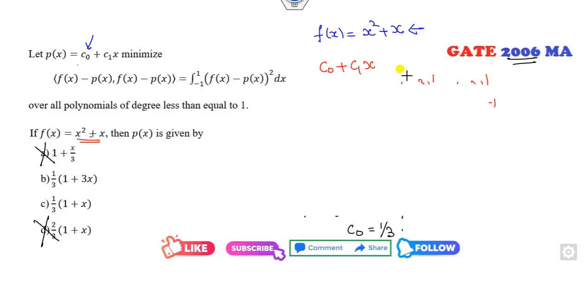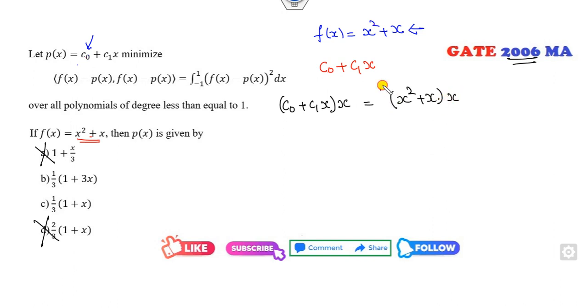Now how I obtain the value of the c1? So that means I have to multiply this by x. Fine. So it means what is the x is? X square plus x of this. Now you can integrate them. It will be here. So what is the x cube? X cube integration is 0 because of the odd function. It's a x square, integration of this will be 2 over 3.